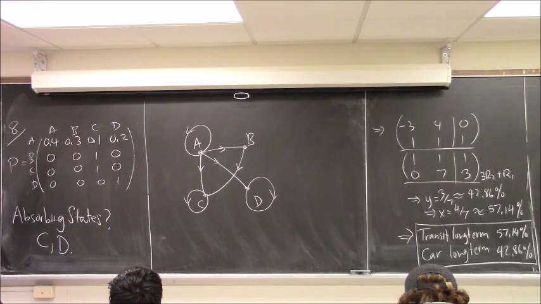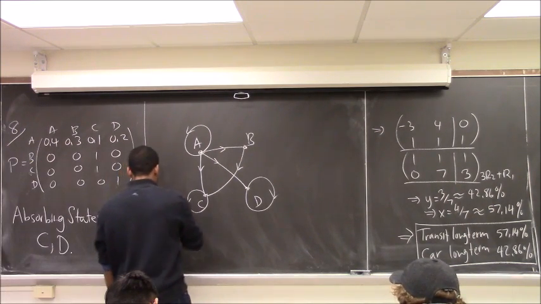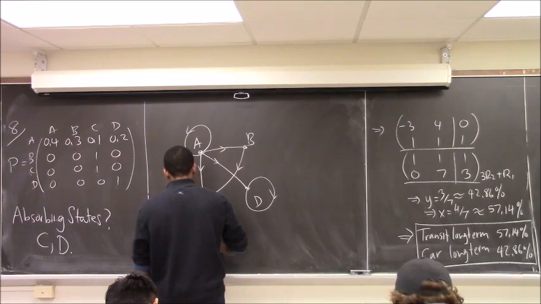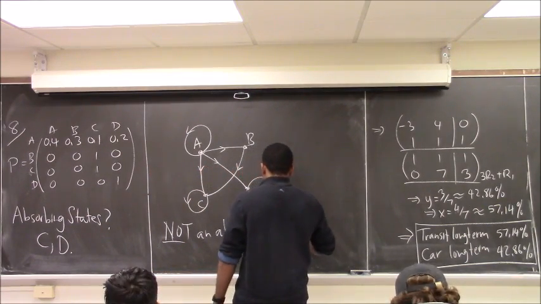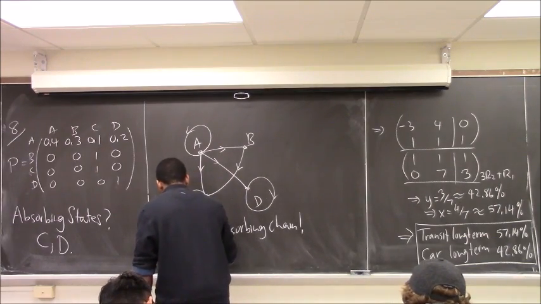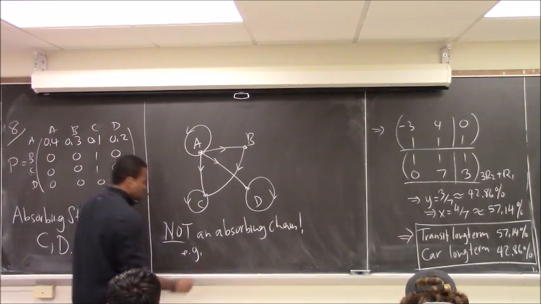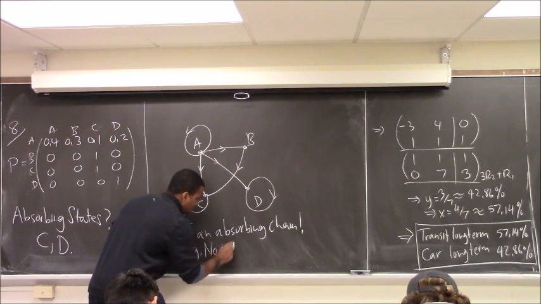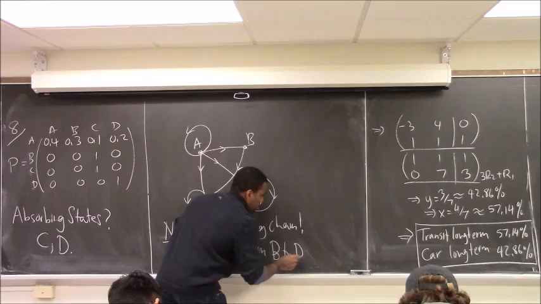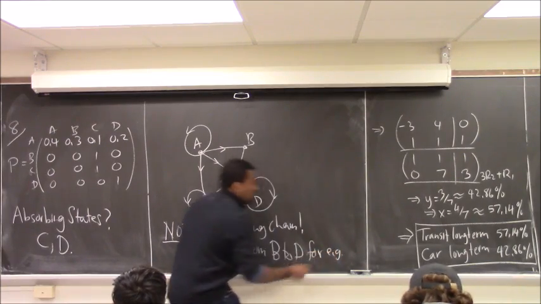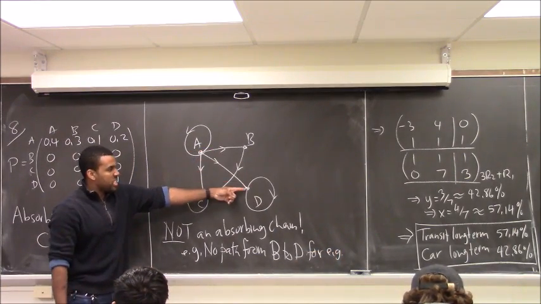So what does it mean to be an absorbing chain? Well, it means that you can get from any non-absorbing state to any absorbing state. So notice this is not an absorbing chain. For example, how I know it's not an absorbing chain, there is no path from B to D. B is not an absorbing state, but D is.